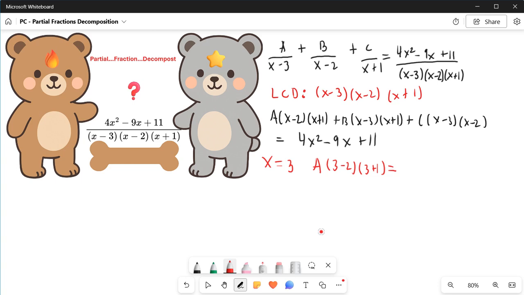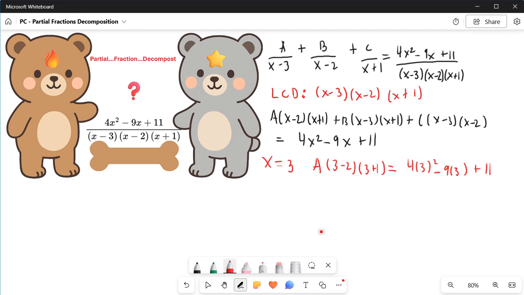But over here, you're going to have 4 times 3 squared minus 9 times 3, and then plus 11. Now, notice this, you have 36, and let me just double check that.